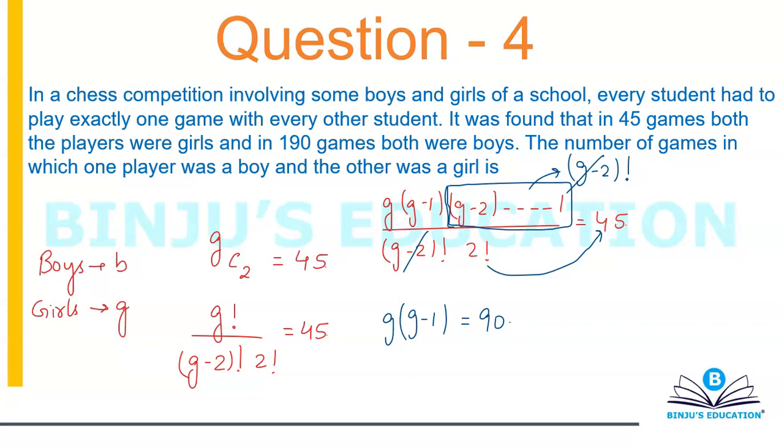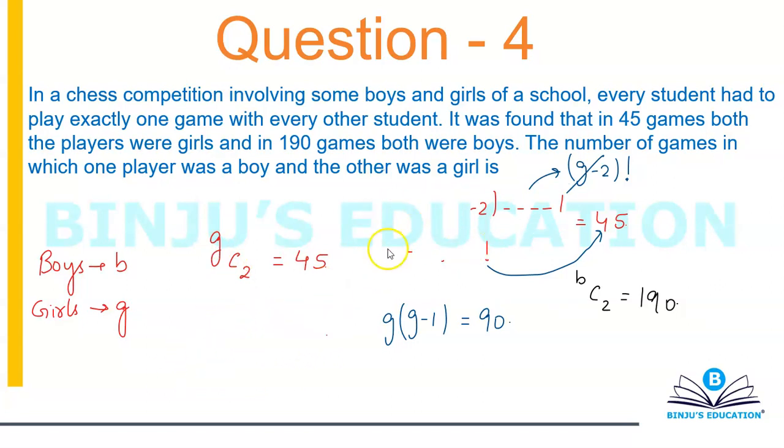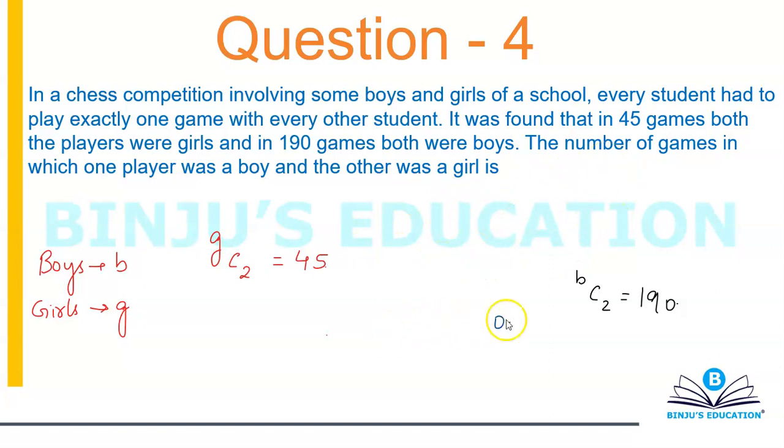Alright, moving on, it says that in 190 games both were boys. So that means BC2 will be equal to 190. We have solved the girls part, so G into (G minus 1) is 90, that's my conclusion.